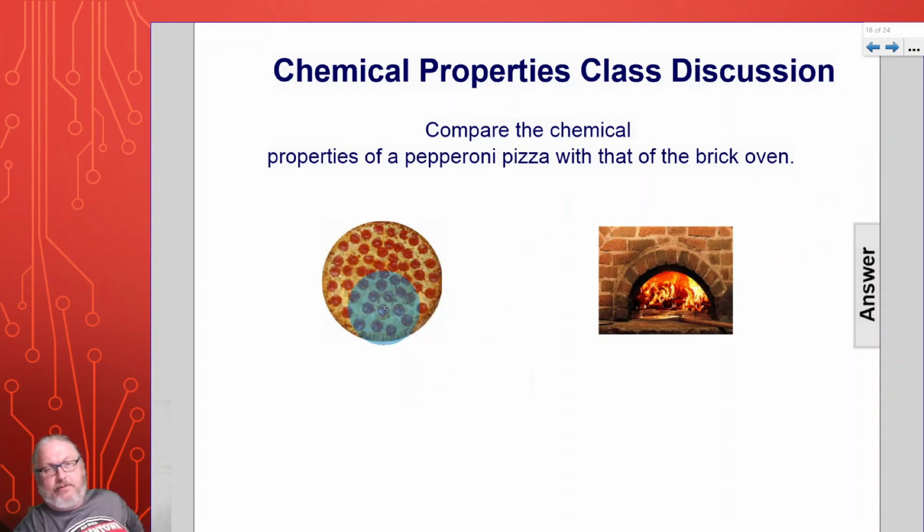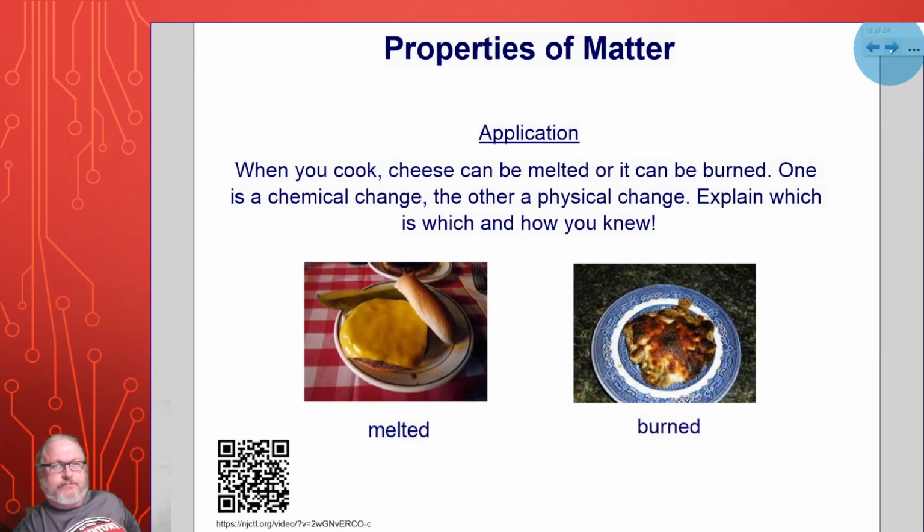So, in your own mind, talk about the different properties of a delicious pepperoni pizza and the oven that it's made in. You guys think about it and talk about it. So, let's think about this. When I make a burger, right, I can melt that cheese I put on that cheeseburger, or I can burn it.